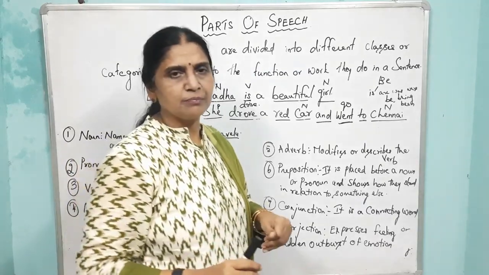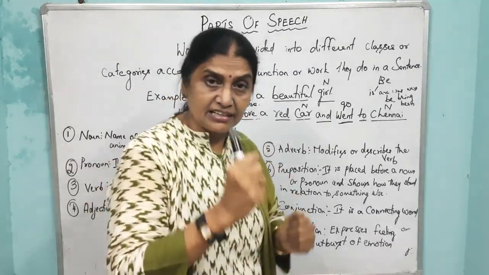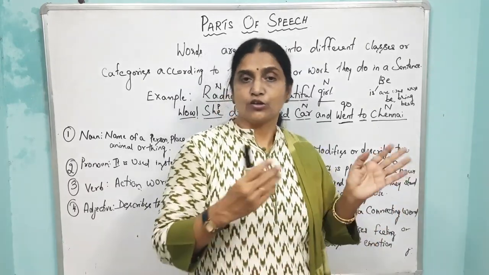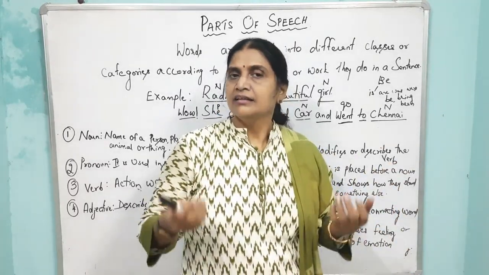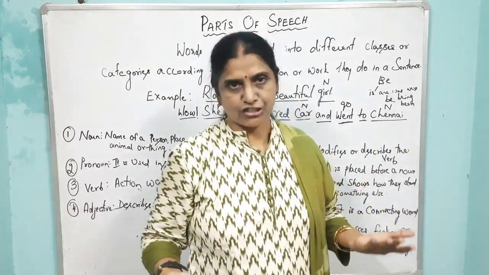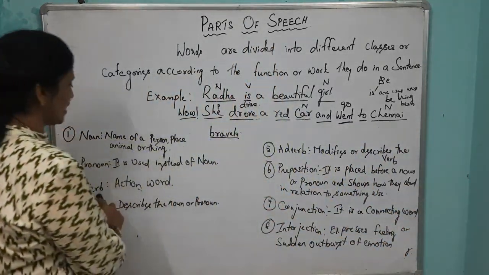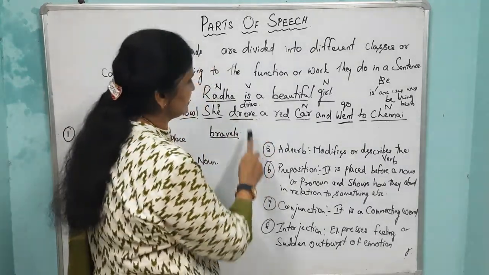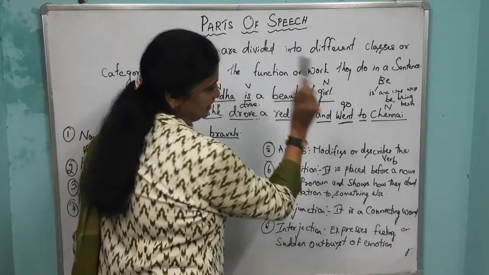Going is also a verb, and driving is an activity. It is a doing word. Driving, going, laughing, taking, giving, all these are verbs, actions. So we call this an action word. We identified two action words in these sentences, that is drove and went.